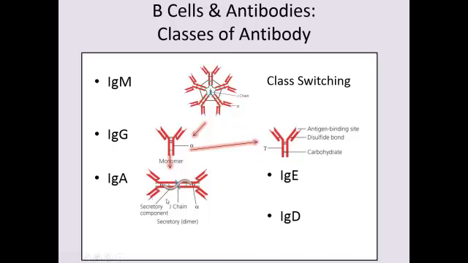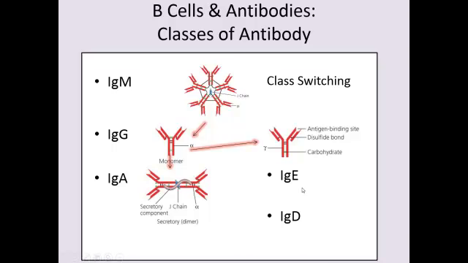It's found in mucus, it's found in breast milk, it's found in tears. Any type of secretion, saliva, you're going to find IgA. So IgA protects your mucosa, and it also adds to the maternal protection that babies can receive if they're being fed breast milk.